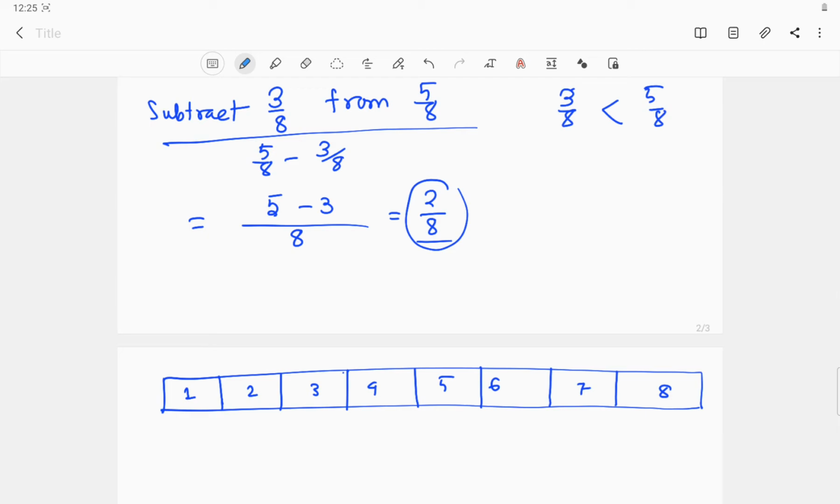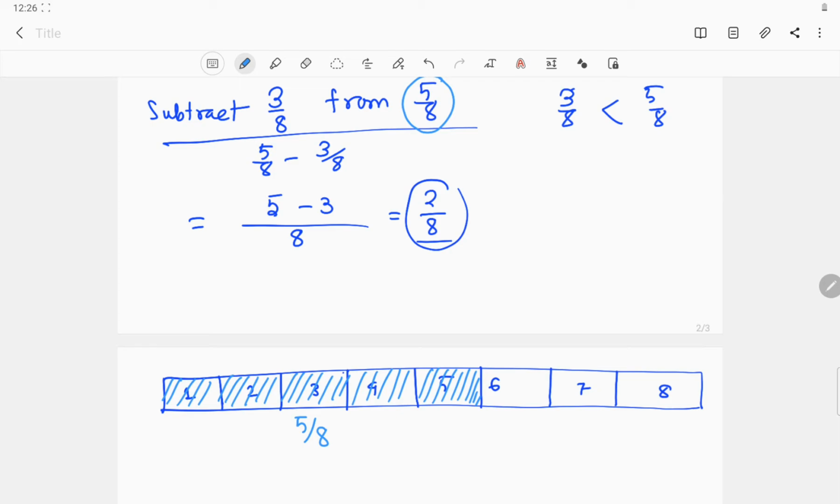Because I am subtracting 3 by 8 from 5 by 8, you first choose the 5 by 8 portion, that is, 5 portions out of 8, so it will be 5 by 8.